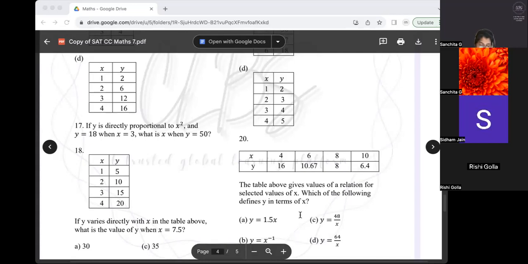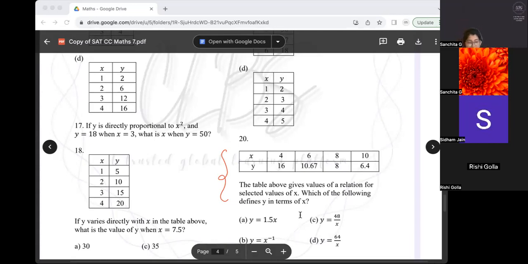Correct. See over here, they have not provided whether it's a direct variation or an indirect variation, right? Whenever you get these types of tabular questions, there are two ways of solving it. One is you can find the slope. I have told you in the functions class also, right? For tabular questions, your mind should redirect to slope or direct and indirect variation.